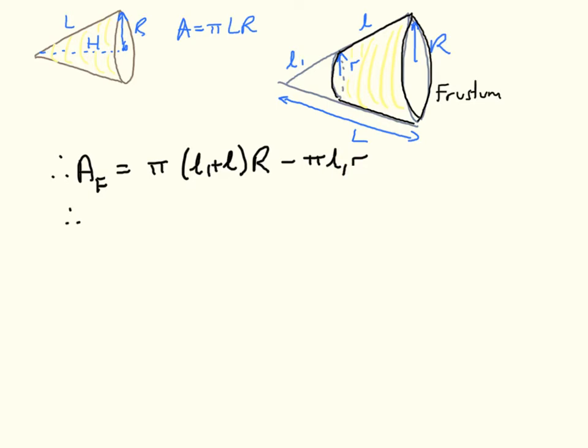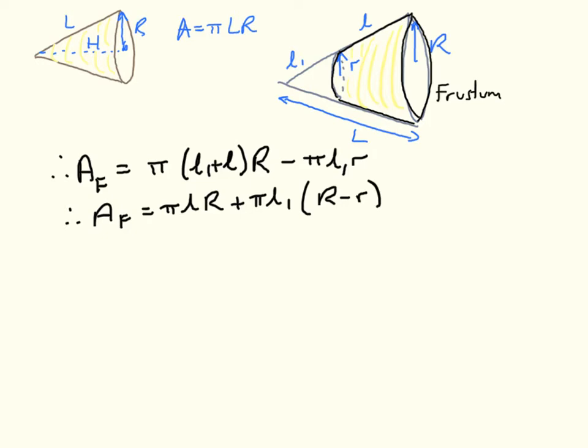So what I have is the area of the frustum is pi little l R plus pi L1, and there are two terms that involve L1, pi L1 times capital R and pi L1 times little r, and that second term has a minus sign, so what I have is pi L1 times capital R minus little r.